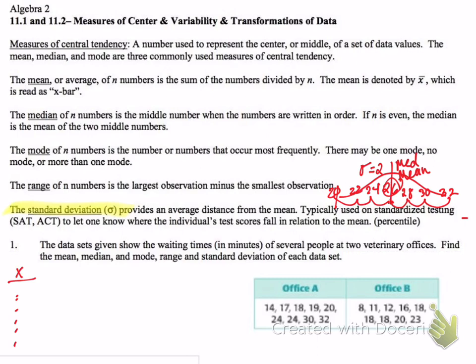Then for your Inspire, once you have that typed in, you're going to go to Menu, Statistics, so option 4. Then Stat Calculations, so that's option 1. Then you're going to choose 1 variable statistics, so it's option number 1. Number of lists, you're going to say 1.